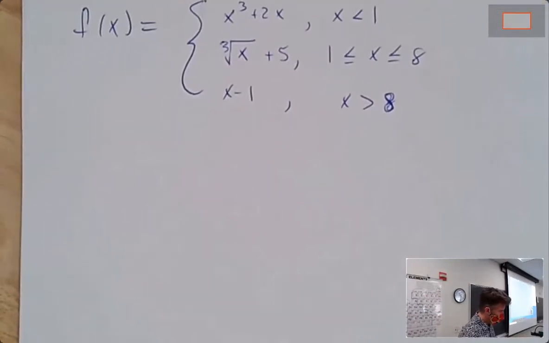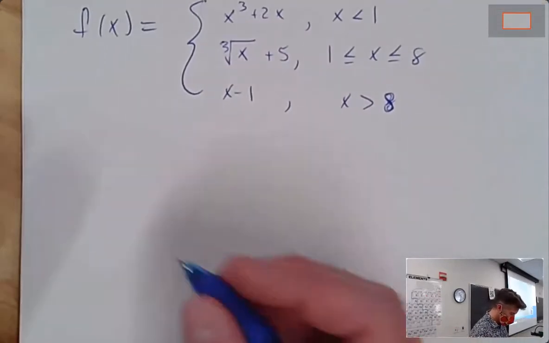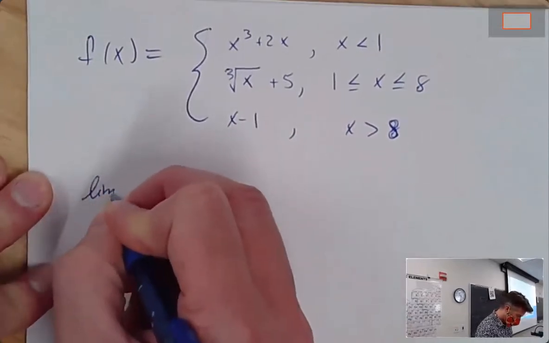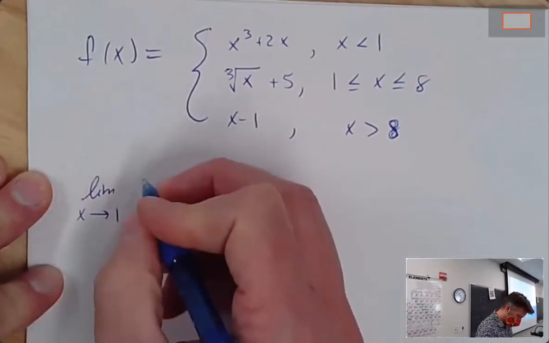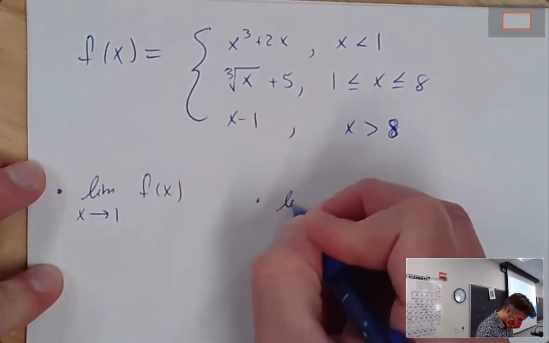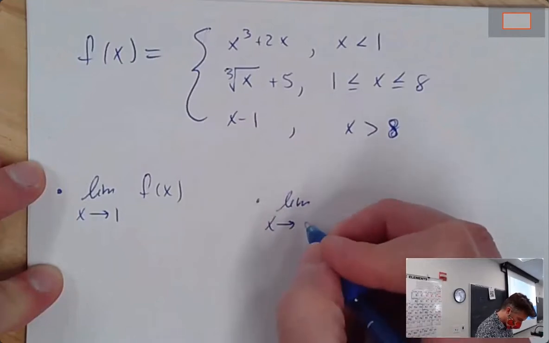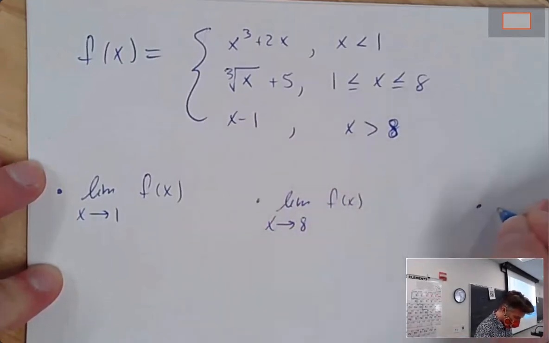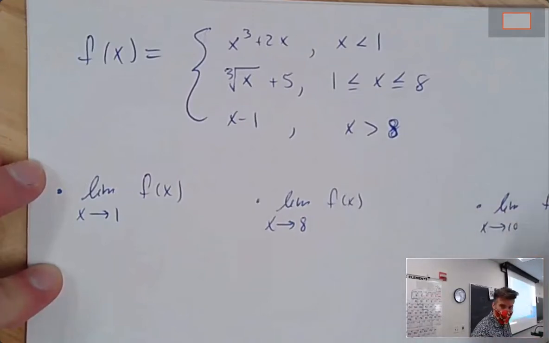So I want to ask about 3 different limits here. I want to know what's the limit as x approaches 1. What's the limit as x approaches 8 of f of x? And what's the limit as x approaches 10 of f of x?